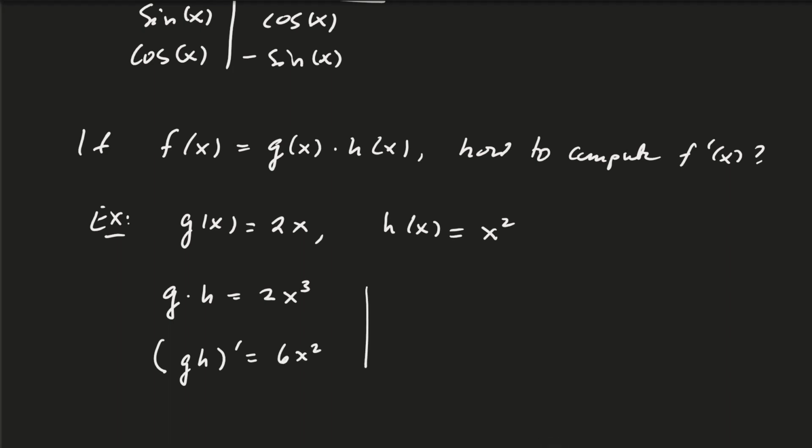However, if you take the derivative of each one separately, g prime of x equals 2 and h prime of x equals 2x, and if you multiply those two together, you get 4x, right? And so 6x squared is not the same thing as 4x, right? So the derivative of the product is going to be a little bit different, and so let's see how that's going to work.